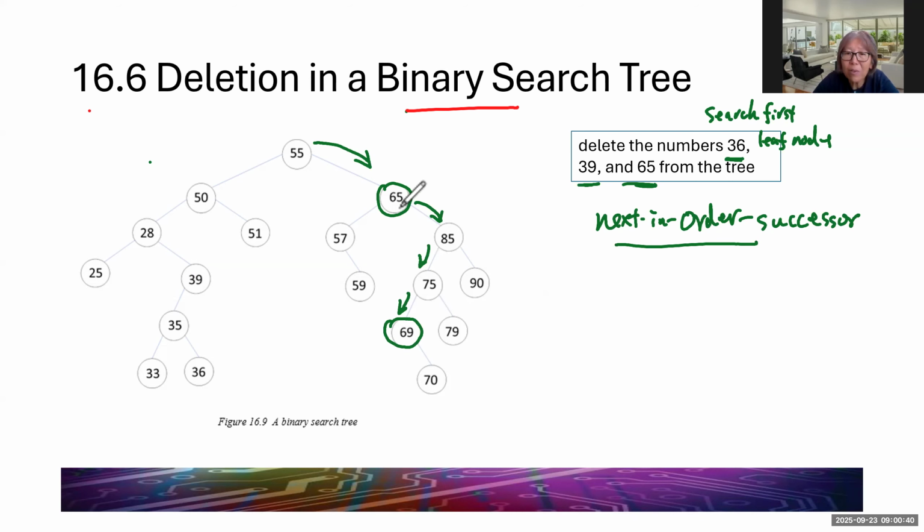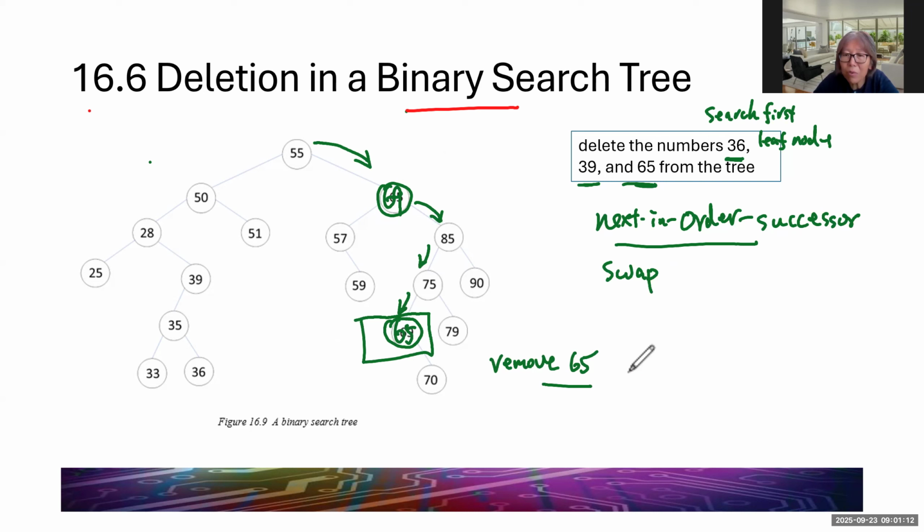After you find it, we are going to swap the items. So you swap 69 to the 65 location and put 65 to 69. After that, you're going to remove 65.